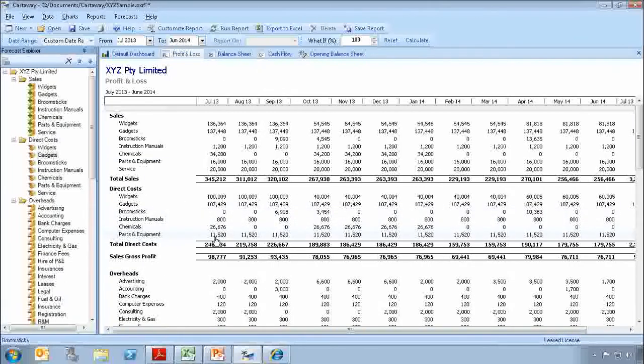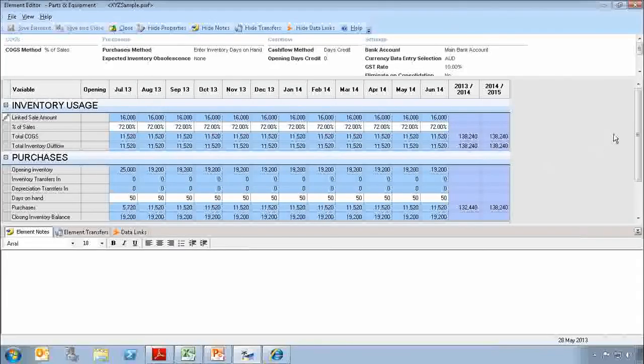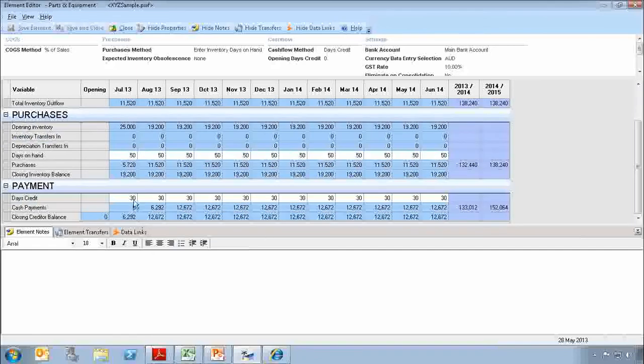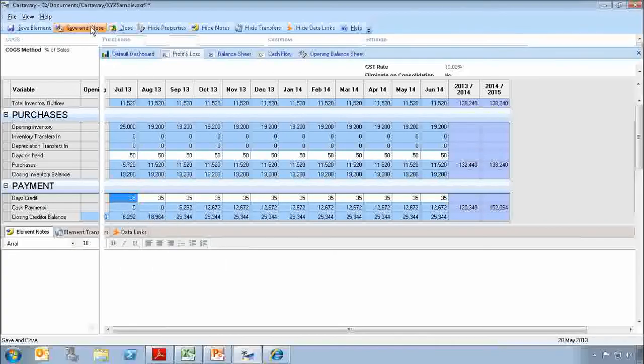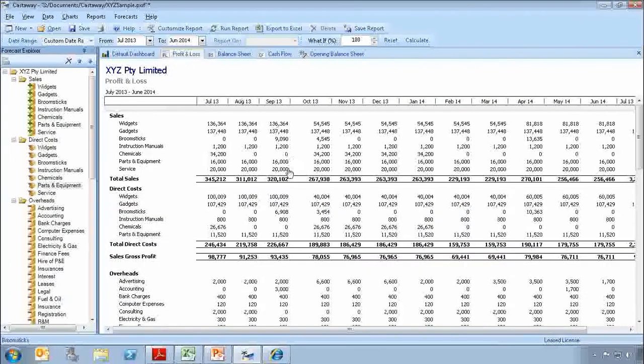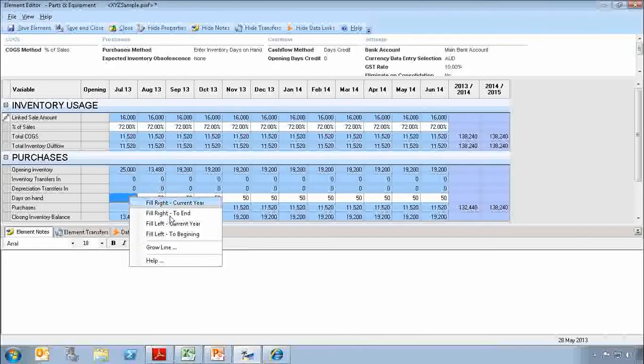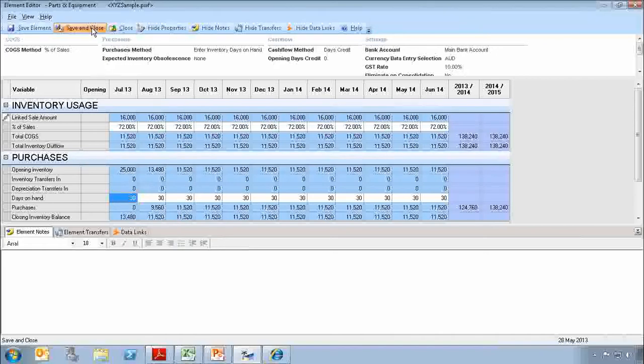There was another one that I hadn't put in, which I need to, which is the parts. Okay. Change that.